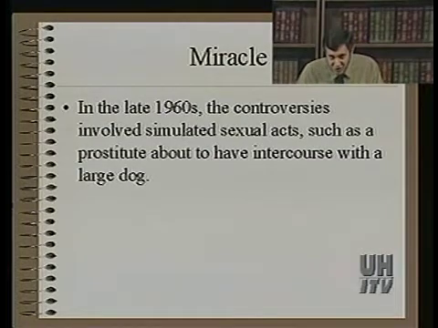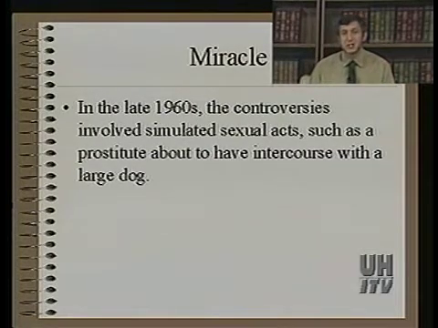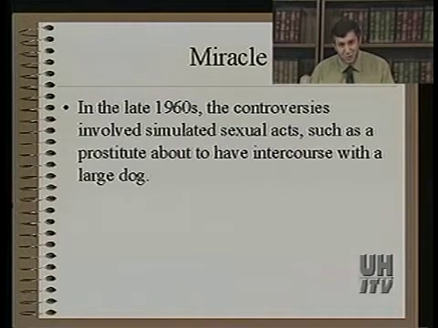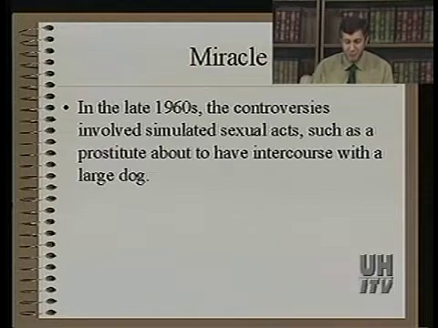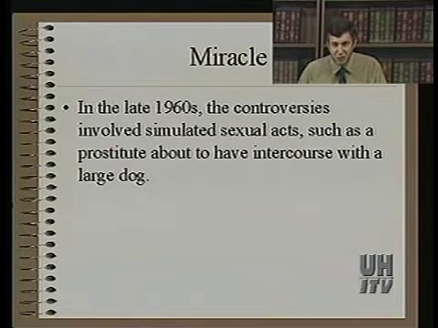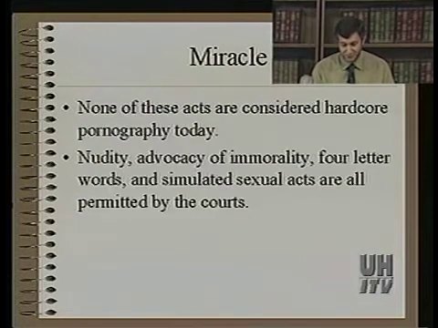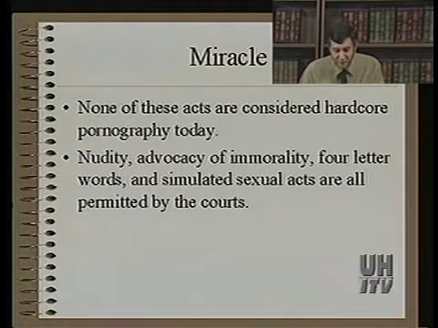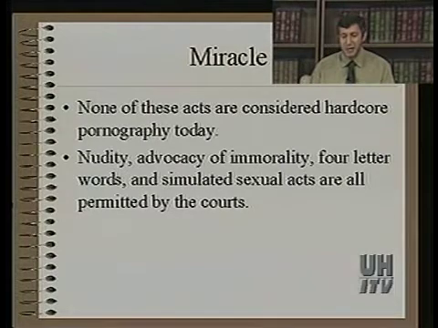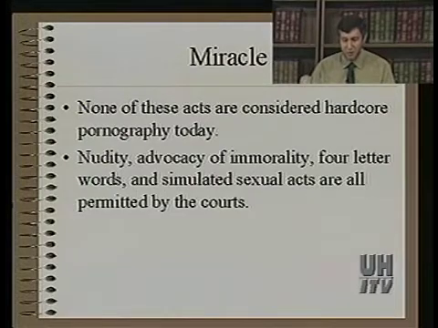By the late 1960s, tests of obscenity are becoming closer to what we're familiar with now. The controversies involved simulated sexual acts, such as a prostitute about to have intercourse with a dog. None of these acts would be considered hardcore pornography today.